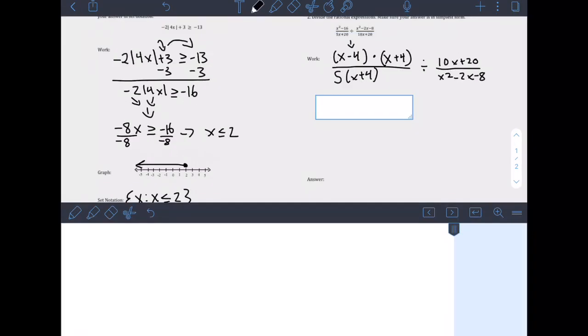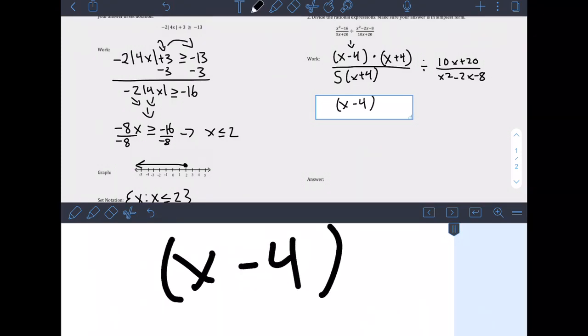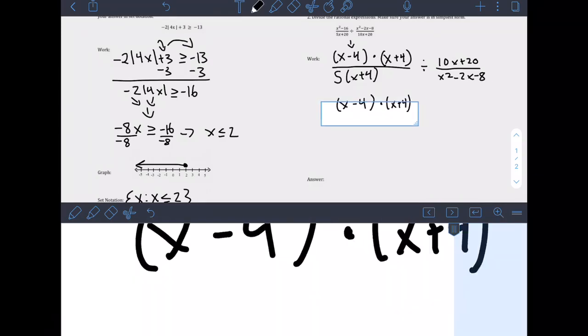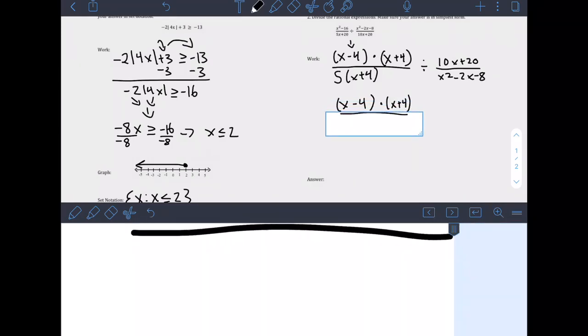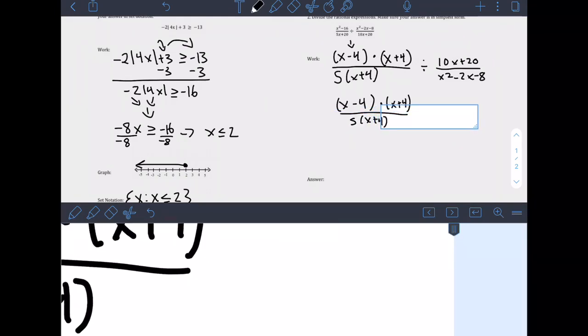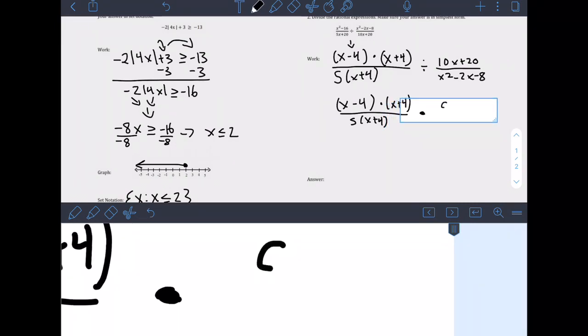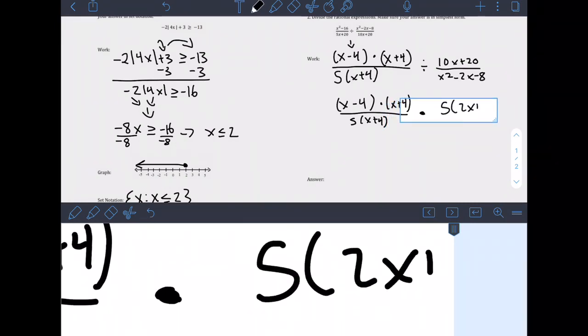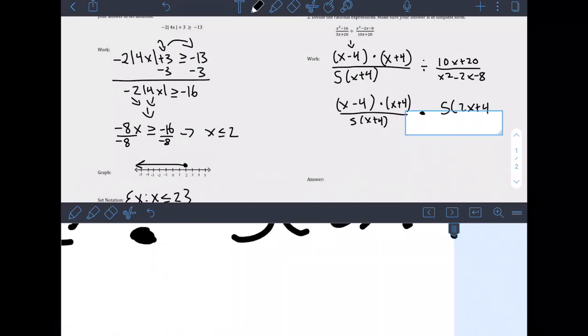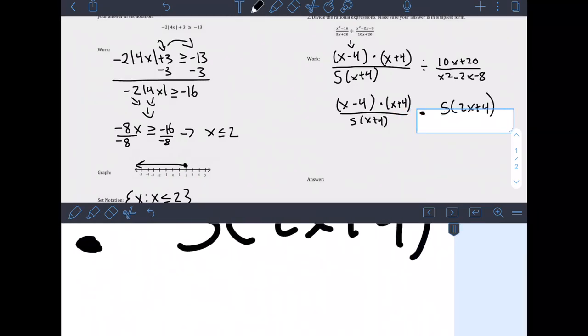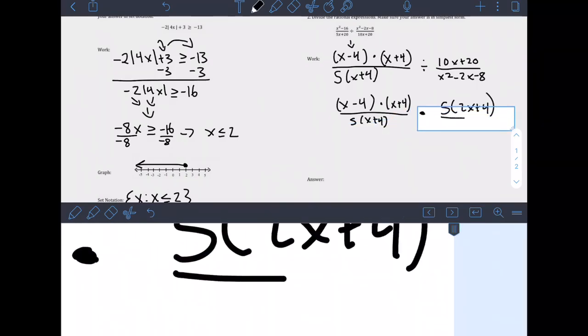Okay, so for the next step in the equation, the whole left side stays the same. So I'm just going to wait till I finish writing that. Alright, and now for the right side, the numerator, since 10 divided by 2 is 5, all I'm going to do is 5 parentheses 2x plus 4.